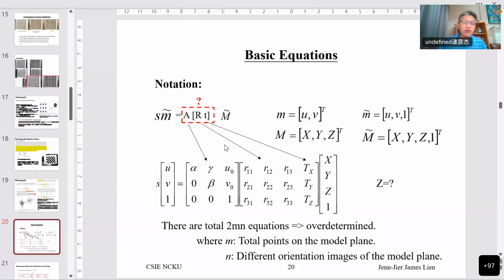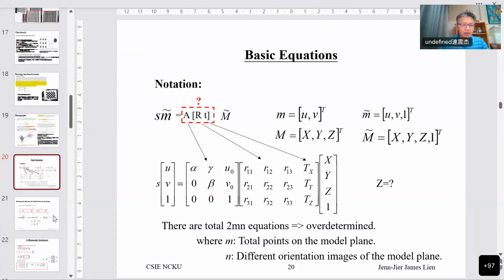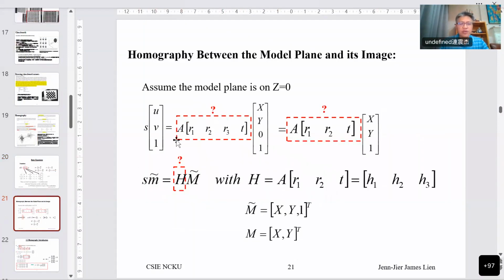So we continue the lecture from last week. We have this one, and we try to solve the intrinsic and extrinsic parameters. Continue. This is UV, the corner points. You know the corner points in this 2D image. The 3D object, the chessboard, you also know, because the chessboard is something you design or download from the internet.